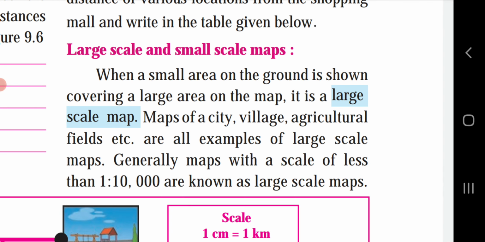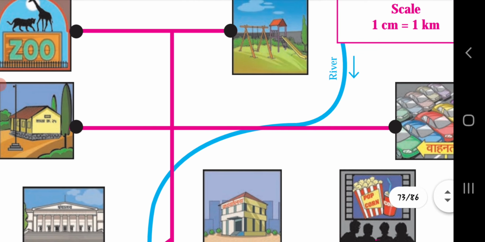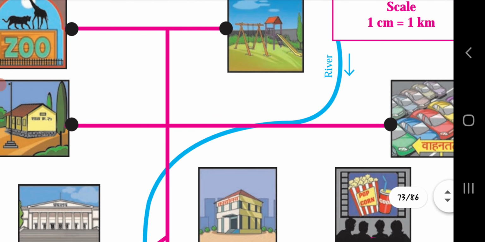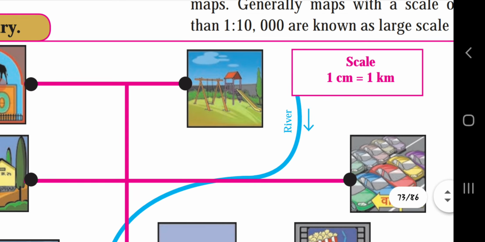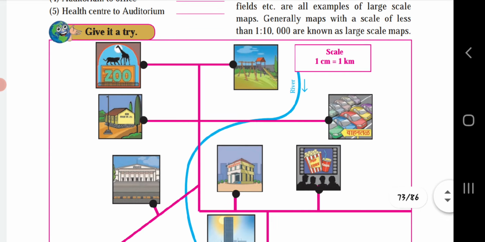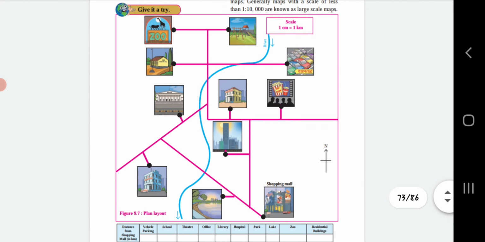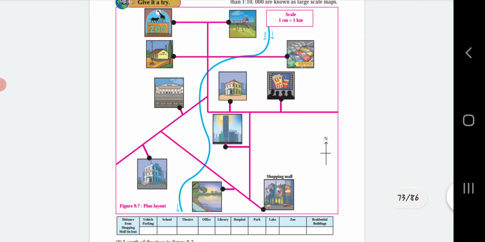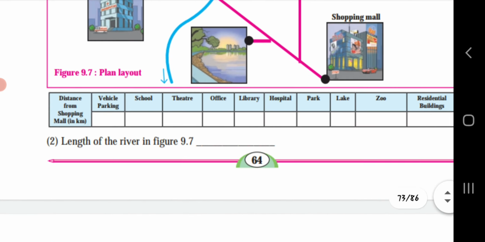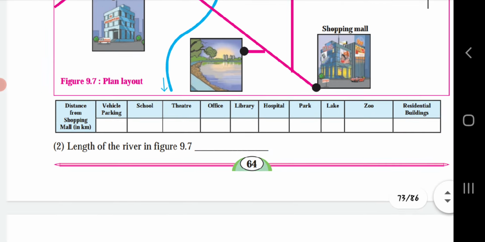Let's see. When you calculate with the help of scale, here below you can write vehicle parking, school, theatre, office, library, hospital, park, lake, zoo, residential building.